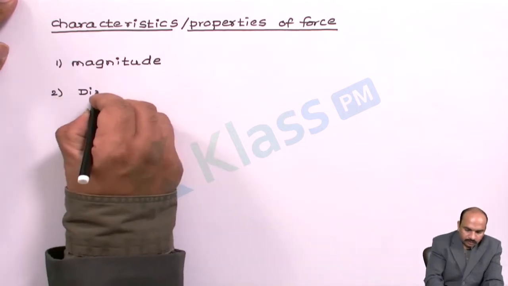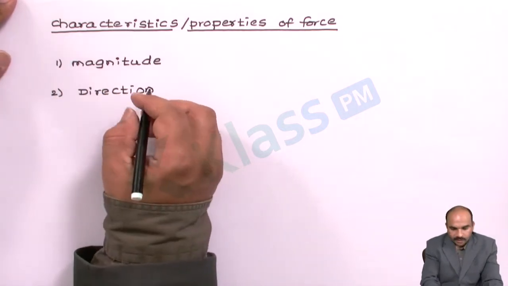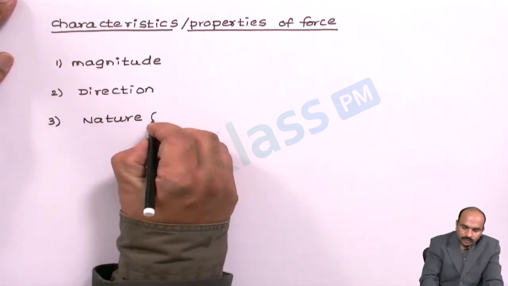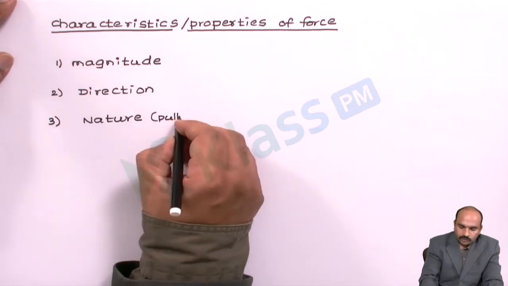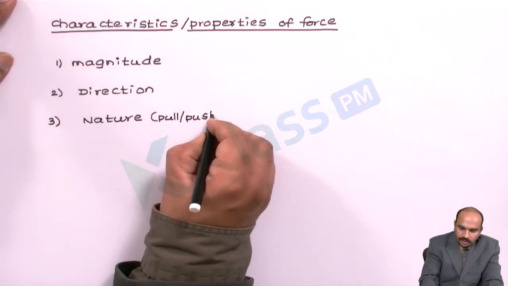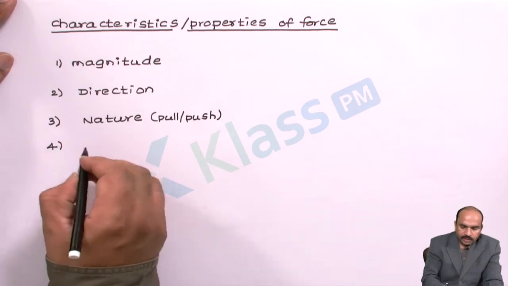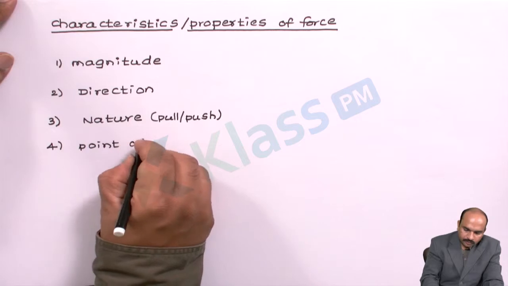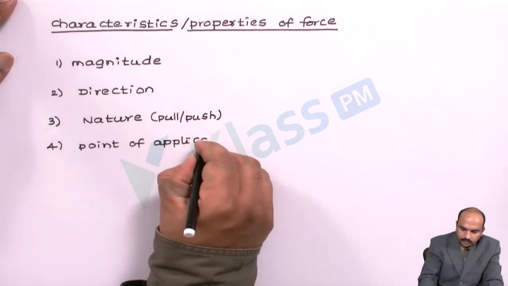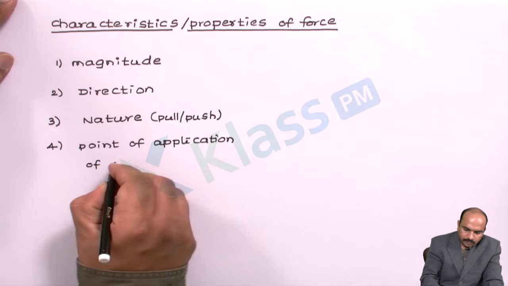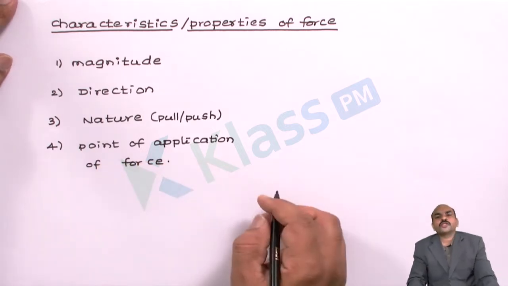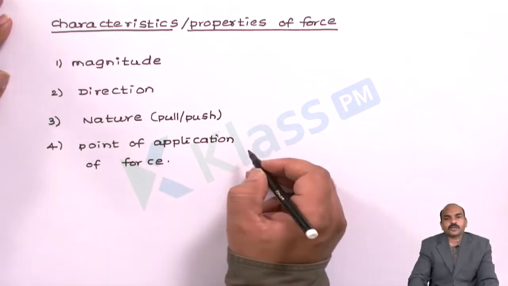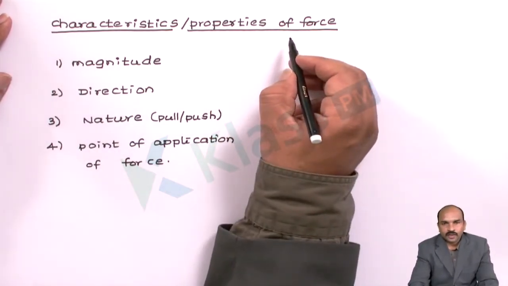Number two, it has direction. Number three, nature of the force, so either it will be a pulling force or it will be a pushing force. Then the fourth one is point of application of force, so at which point we are applying the force. So these are the four properties a single force is having.